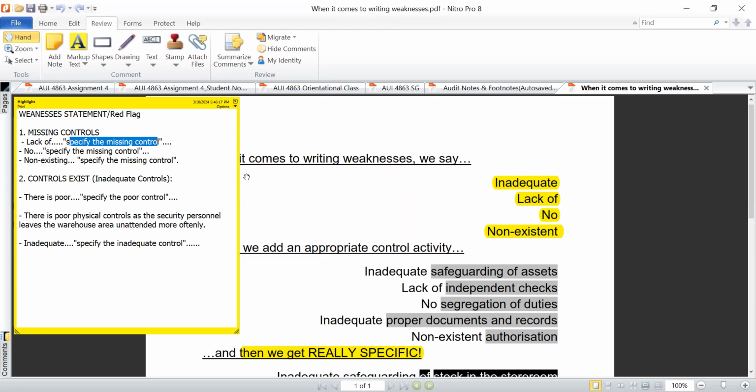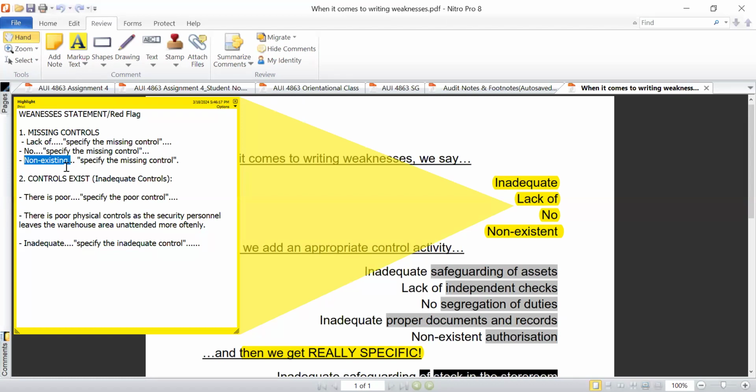Another way, you can say there's no authorization, for example, or there's no segregation of duty. There's lack of segregation of duty. There's no safeguarding of assets. There's no rotation of duties and all of that. Those are typical examples denoting that these are missing controls. Or you can say there's non-existing, and you specify the non-existing control.